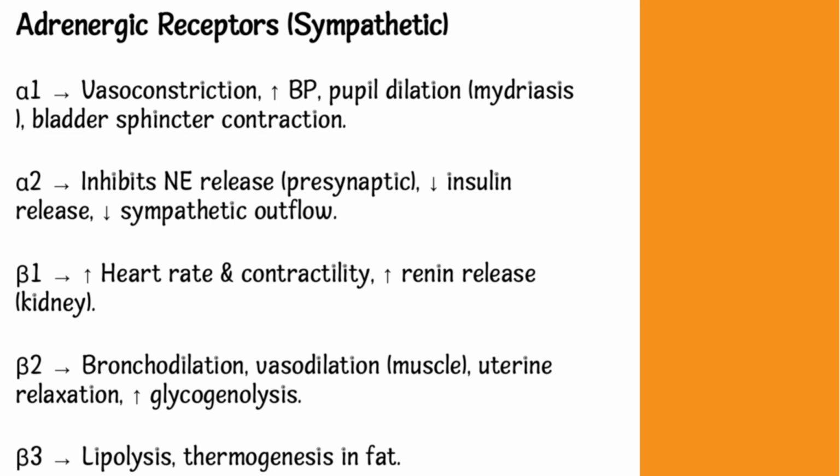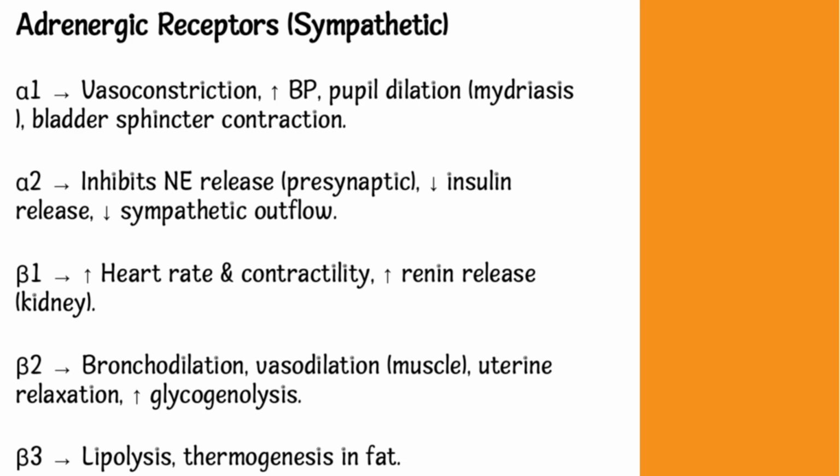Now, when it causes vasodilation, there will be reduced systemic vascular resistance. Now, by reducing the resistance, you are indirectly reducing the blood pressure. It also causes uterine relaxation and increases glycogenolysis.